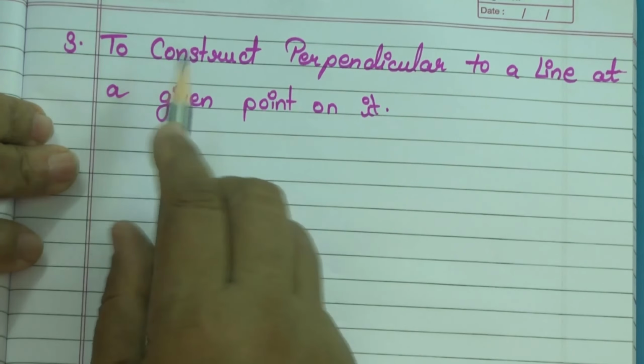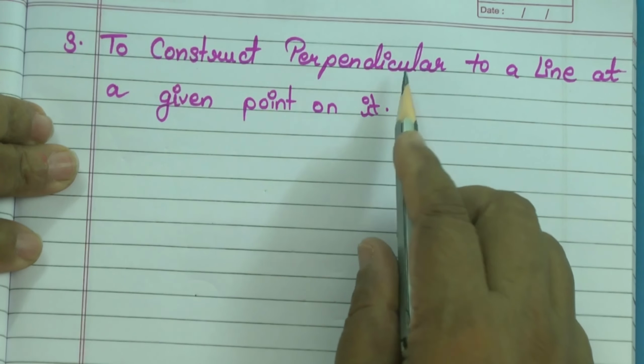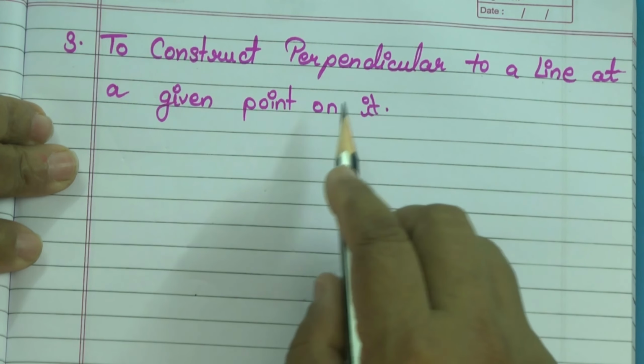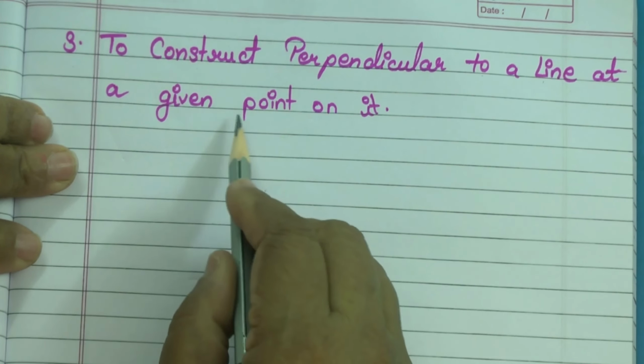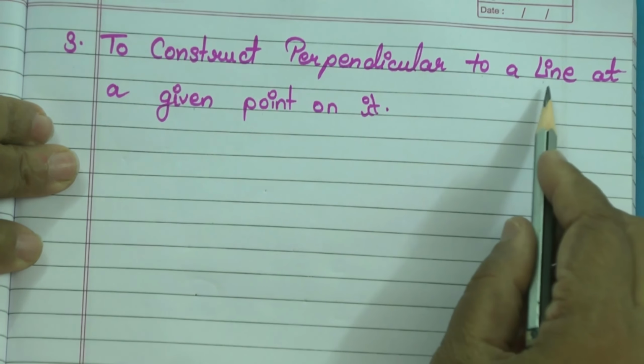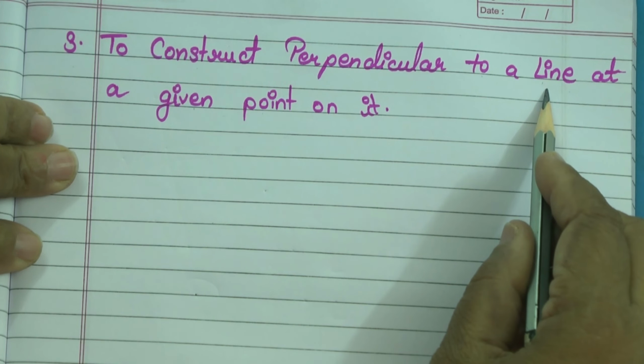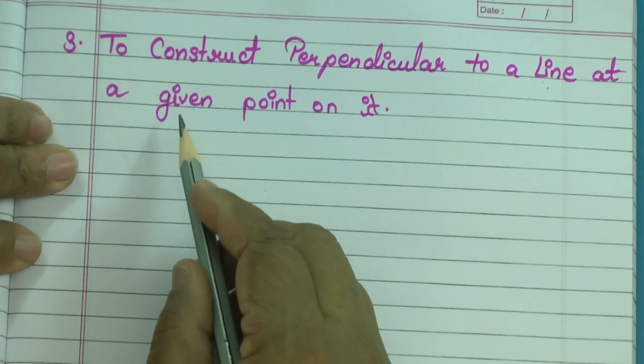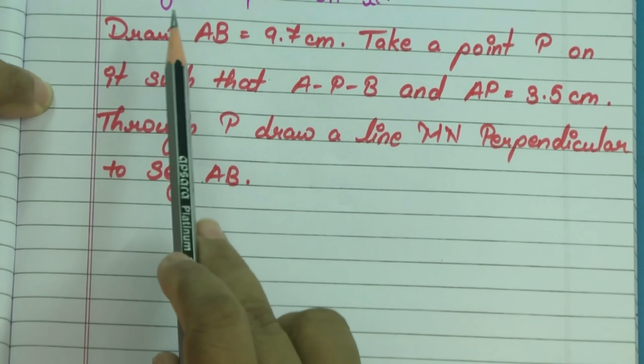Now the third one is, we will construct a perpendicular line to a given line, and that line from a point which is given on the line. The perpendicular line must pass from the point which is given on the line.